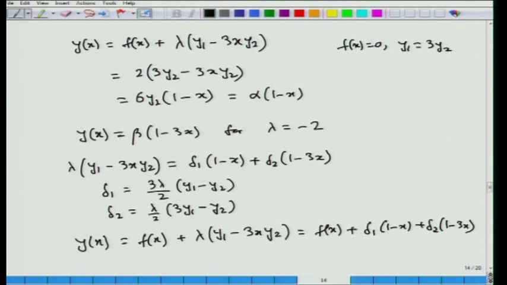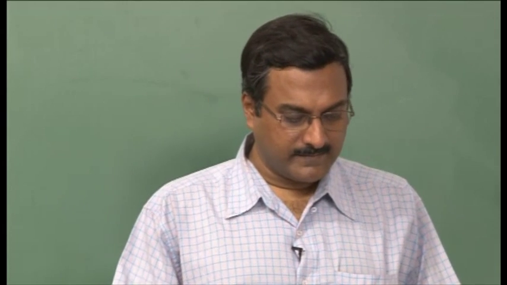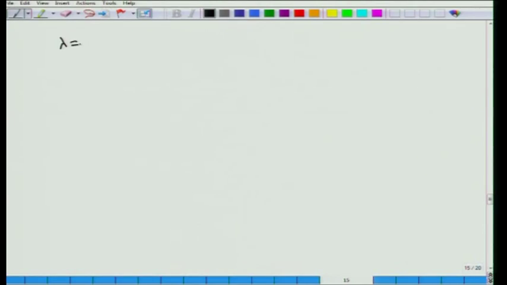So, that we have claimed during the theoretical discussion on this problem, whenever lambda is taking the value plus minus 2 and f(x) is non-zero. Therefore, this solution can be written as the linear combination of the eigenfunctions summed with the given function f(x).